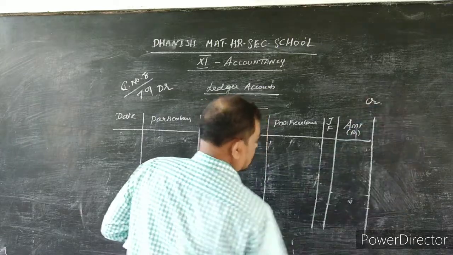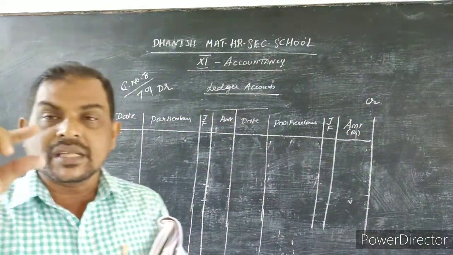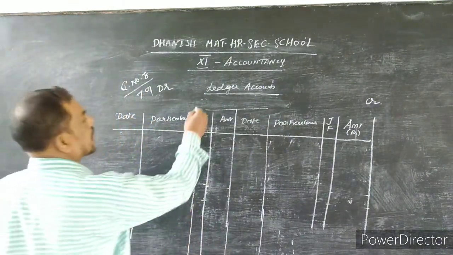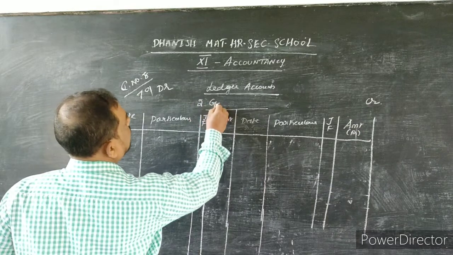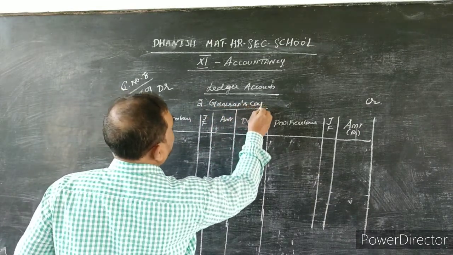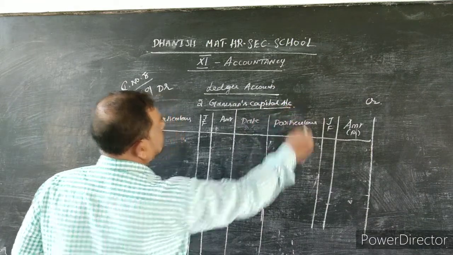So after preparing one ledger account, please leave one line, then continue with the second ledger. So the second ledger is Ganeshan's Capital. You can put Ganeshan's Capital or just capital account; both are the same.